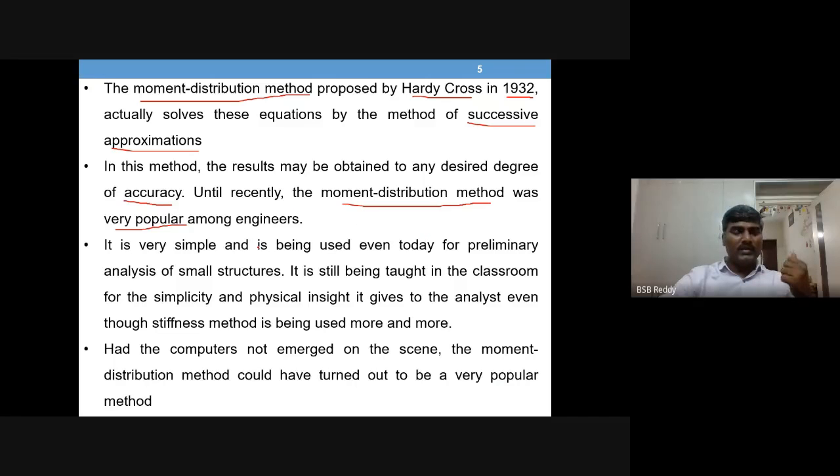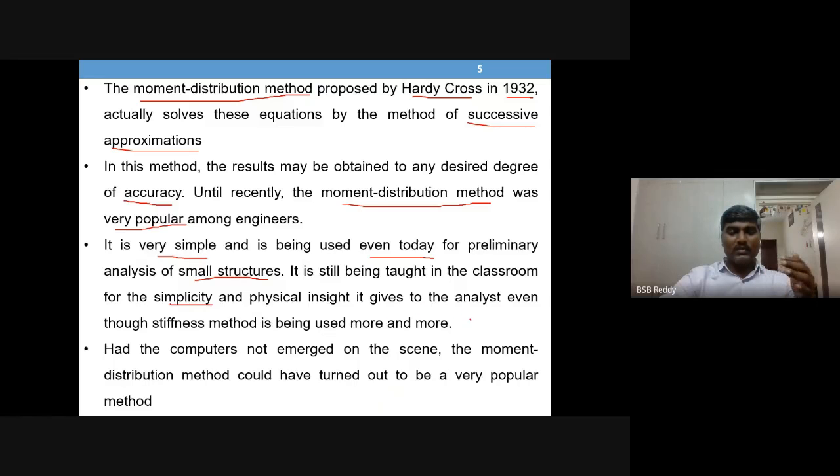That's why it has become very popular. It is a very simple method and is being used even today for the preliminary analysis of small structures by practicing engineers on a drawing sheet.